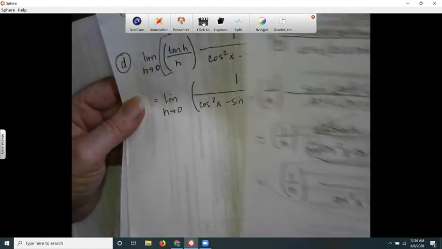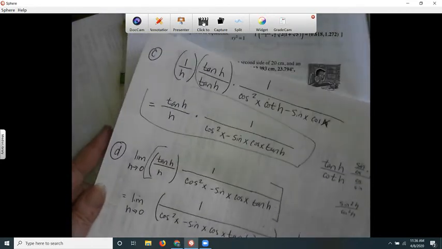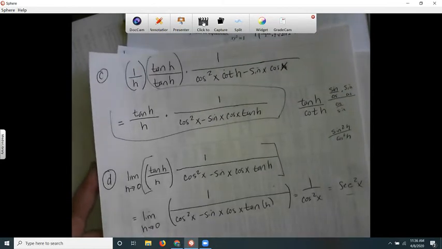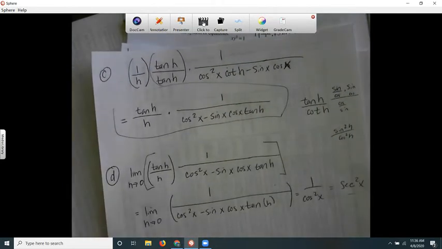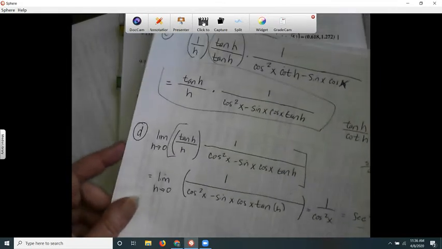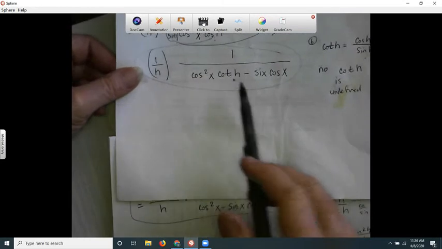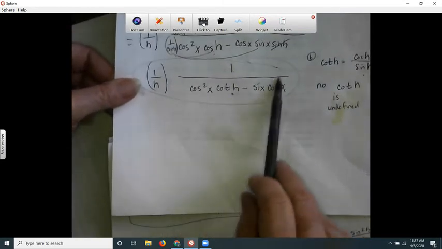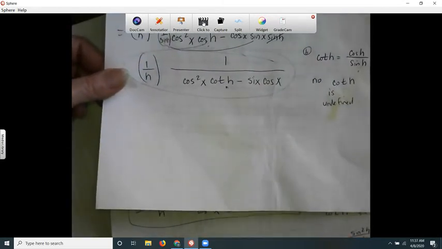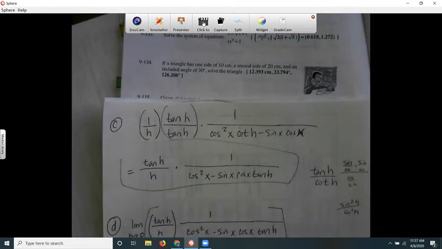And then here's letter C. Letter C says, write the resulting equation when multiplying by tangent h over tangent h. So they want me to take what I had in the last part, and they want me to multiply by tangent h over tangent h.